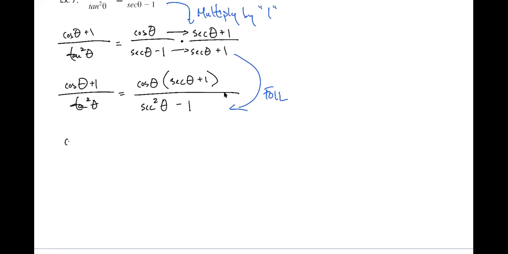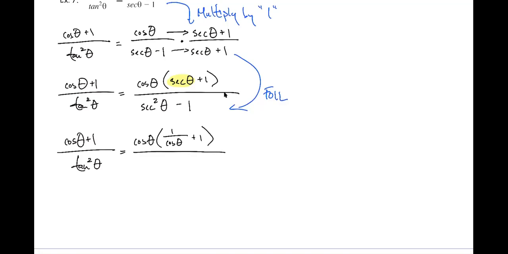Now for the next step, I'm going to turn the secant right here into 1 over cosine. Let me say that one more time. I'm going to take the secant and turn that into 1 over cosine. So I'm going to get cosine theta times 1 over cosine theta plus 1. And on the bottom, I'm going to see if there's a way to use one of the Pythagorean identities to simplify this.